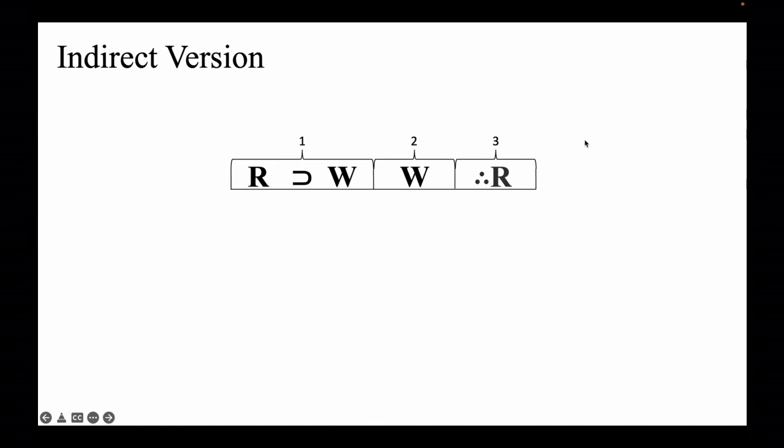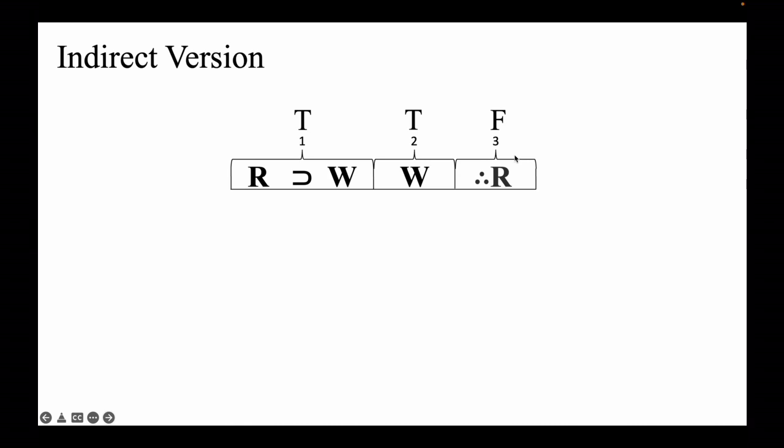The way the indirect version of the table works might sound strange to some people, because we try to confirm invalidity. If the argument is invalid, you will be able to confirm invalidity. In other words, true premises, false conclusion.